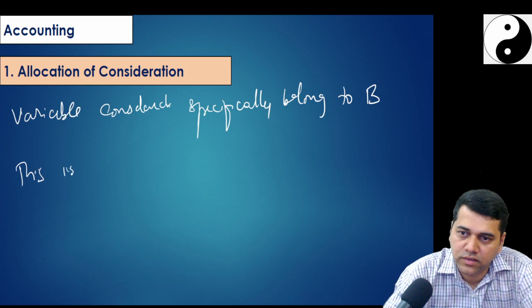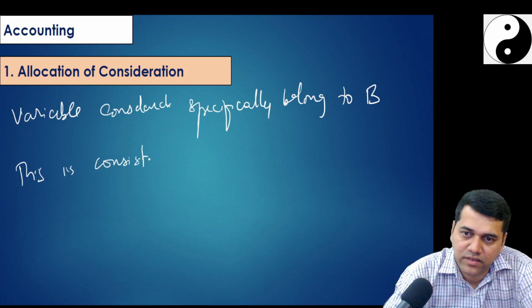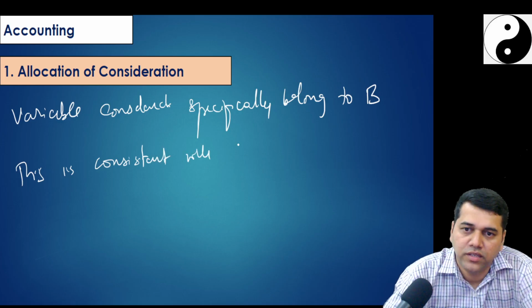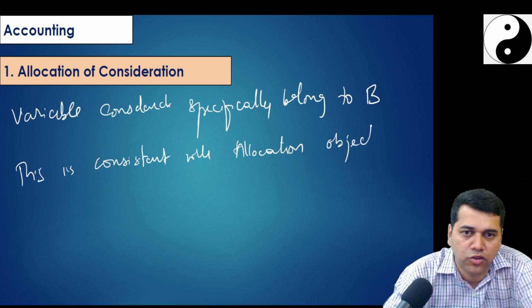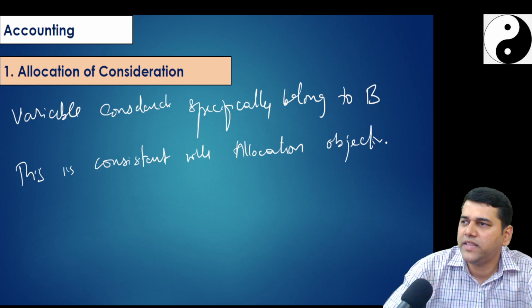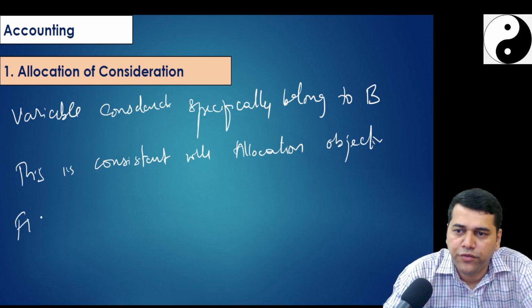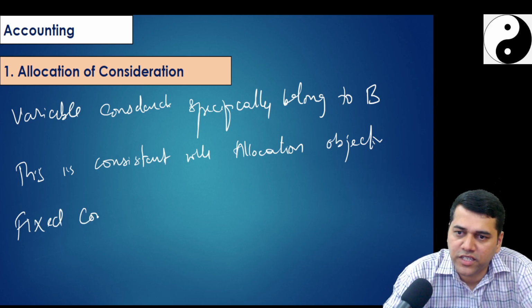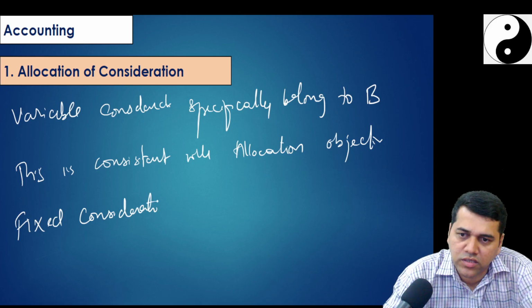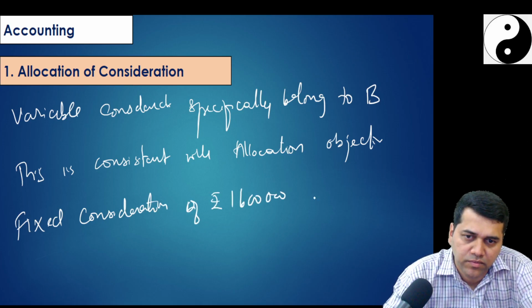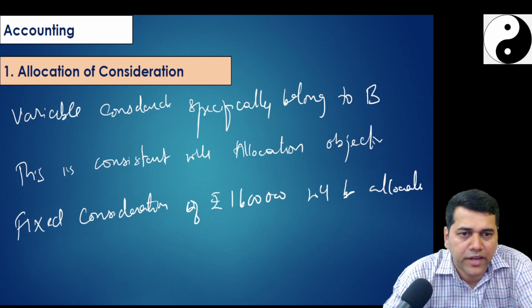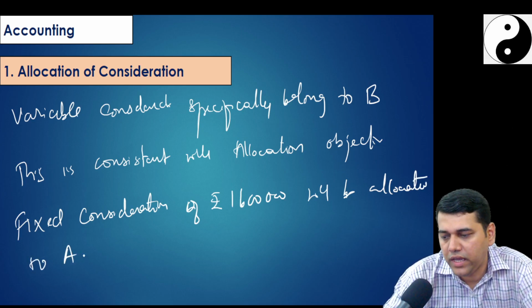This is consistent with the allocation objective. So first they ask how much you are going to allocate. You say that the fixed consideration of rupees 16 lakhs will be allocated to A.